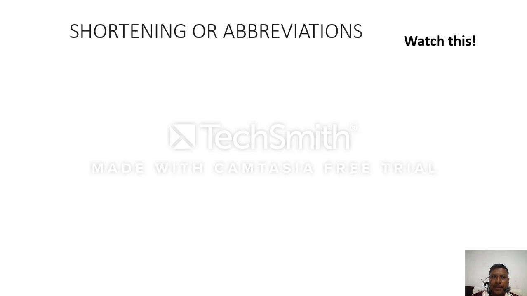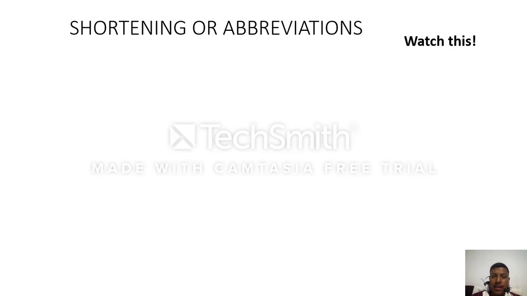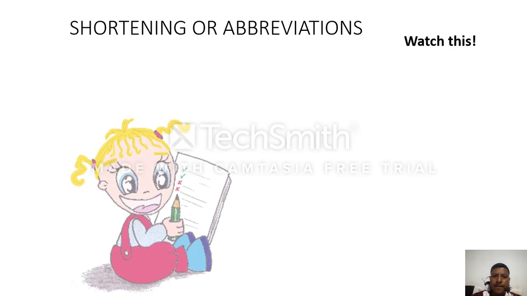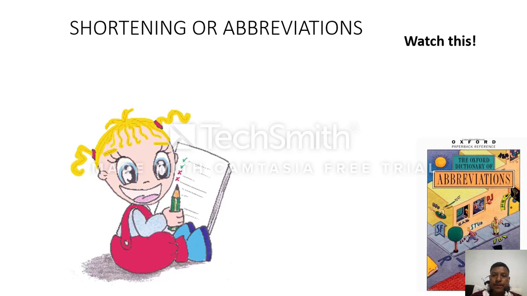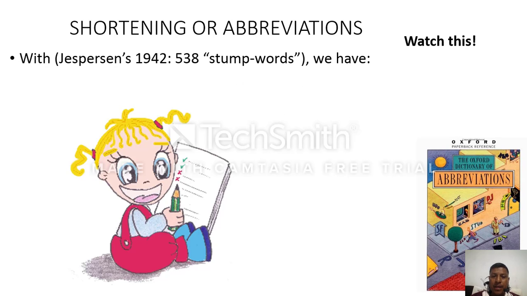In this activity, for task 6, for the development of this topic, I am speaking about shortening or abbreviation. In abbreviation, we have the following example. Also, it's very important to remember the affirmative articles about abbreviation.